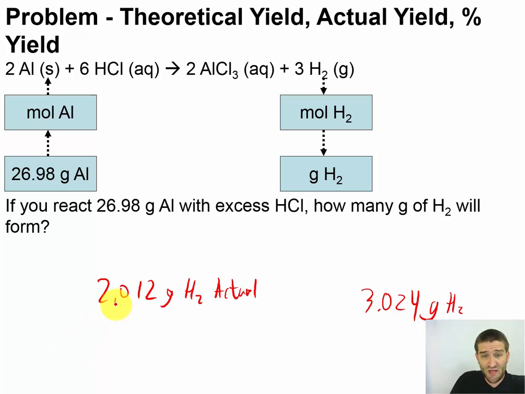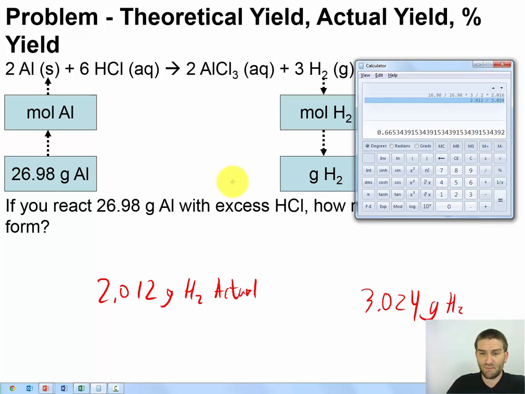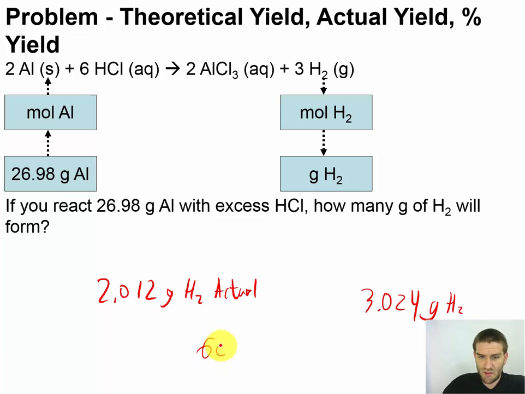Well, you grab your calculator and you say your actual yield divided by what you should have had theoretically will tell you your percent yield. So we grab our calculator and we'd say 2.012 divided by 3.024 times 100 gives us 66.53%.